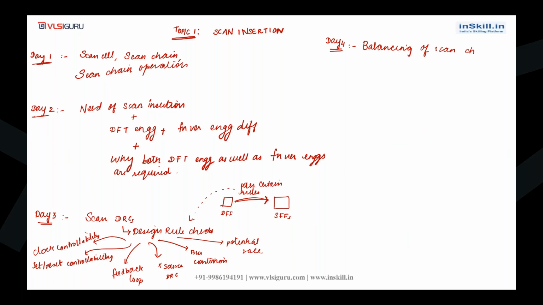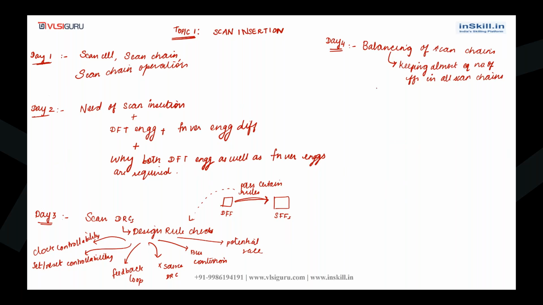What is called balancing of scan chains means keeping almost equal number of flops in all the scan chains. That is what is called balancing of scan chains.